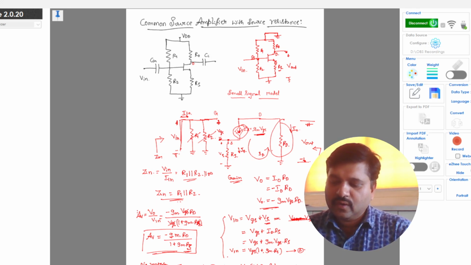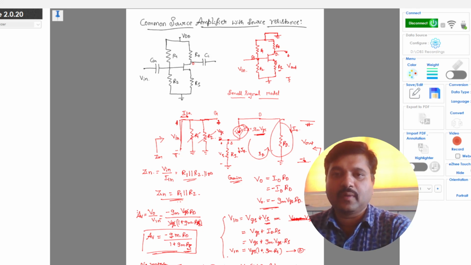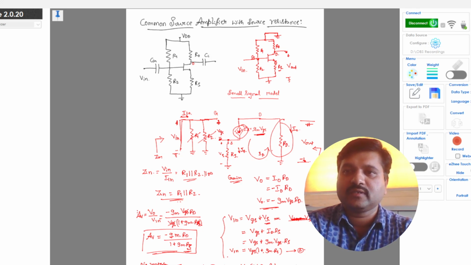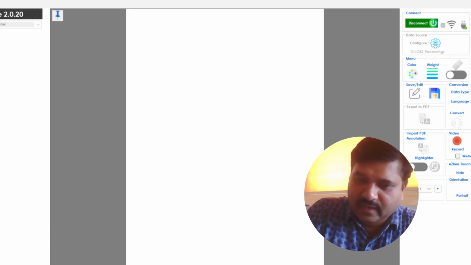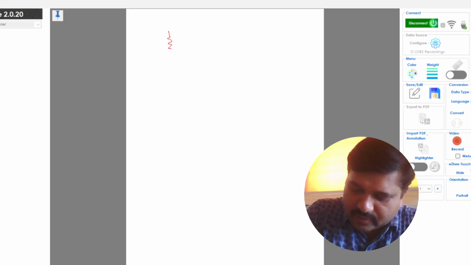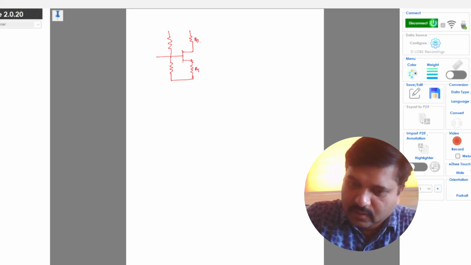Okay, so now we will solve a problem on the same, considering the common source amplifier with bypass capacitance. Fine. So now consider the circuit, common source amplifier. This is RD, RS. We will have a bypass capacitance.